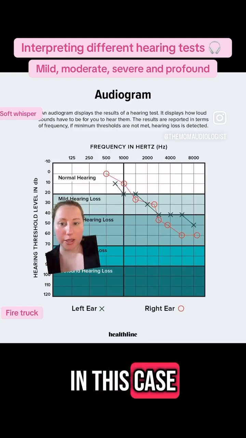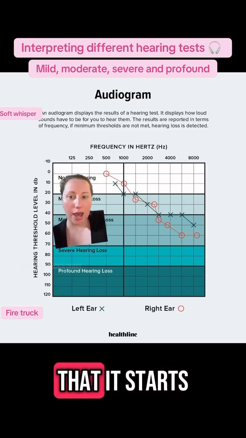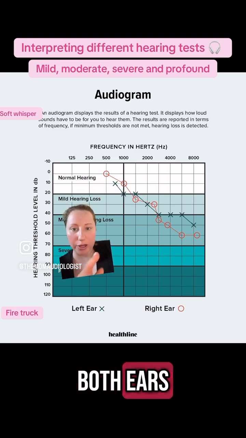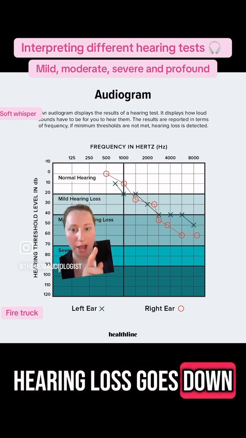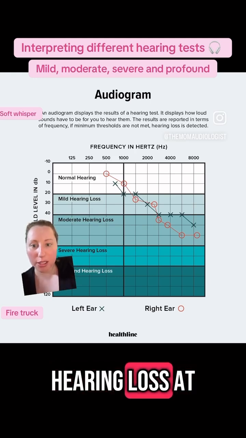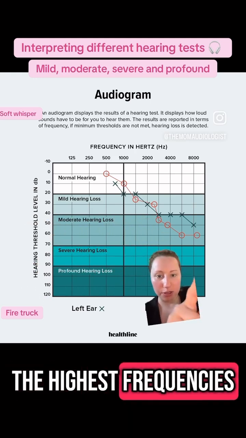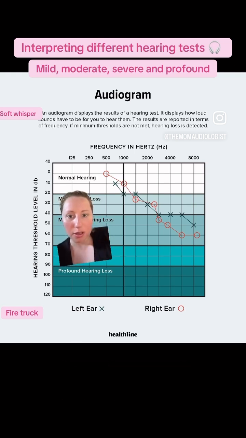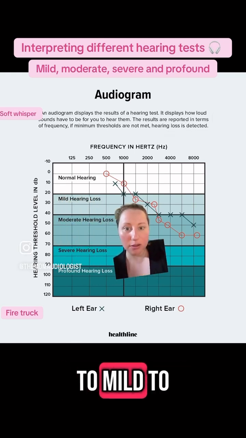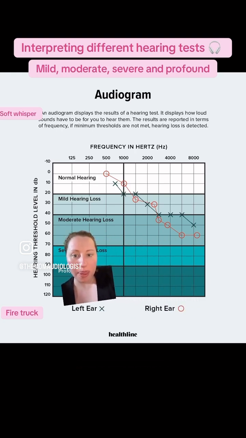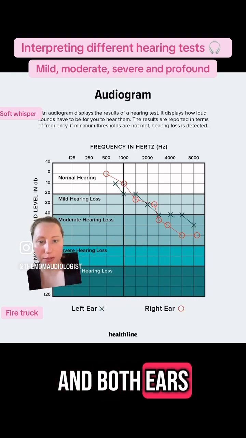So in this case, you can see that it starts here in the normal section in both ears, and then the hearing loss goes down. It slopes down all the way to a moderate hearing loss at the highest frequencies. So it goes from normal to mild to moderate in both ears.